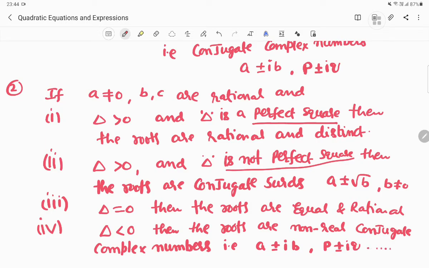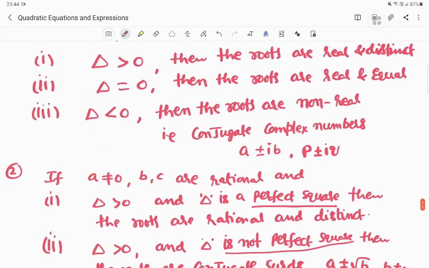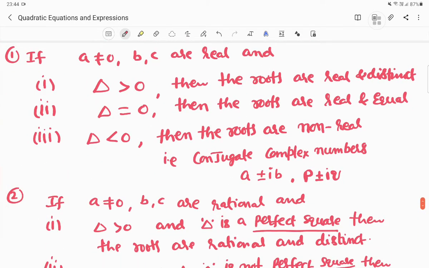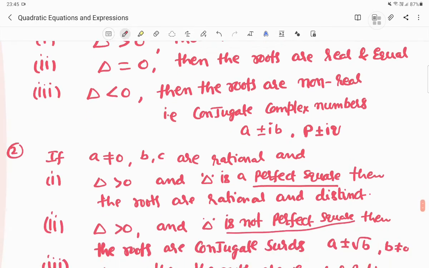This is the way. These we already discussed in the intermediate classes. I am just revising briefly. Even if it is repeated many times there is some confusion, but still you have to practice.